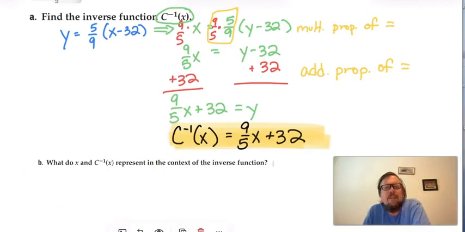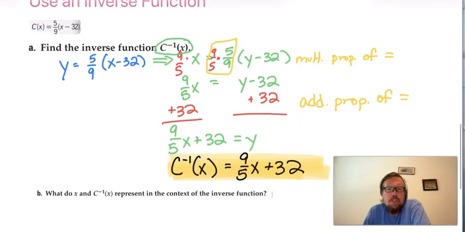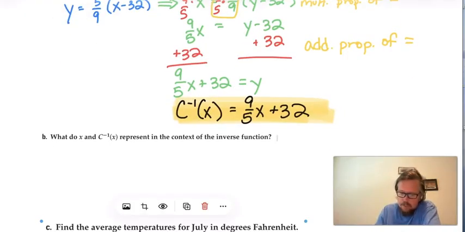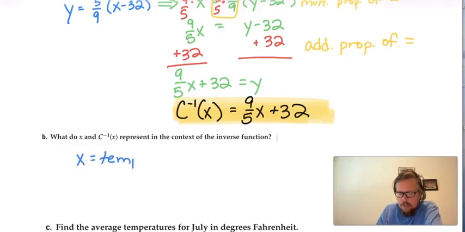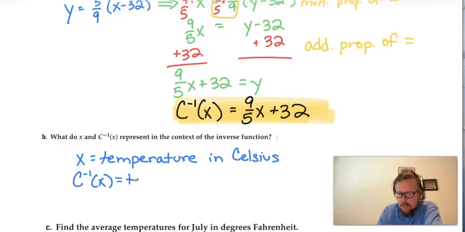Okay, what do x and inverse C of x represent in the context of the inverse function? So in our original function, x was the temperature in Fahrenheit and C of x was the temperature in Celsius, but we have now switched those. The inverse switches those two things. So now x is the temperature in Celsius and inverse C of x is the temperature in Fahrenheit.